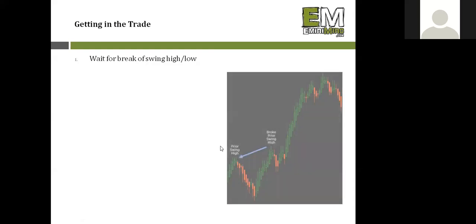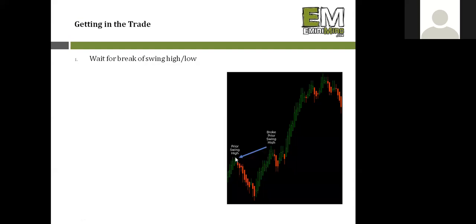We talked about those swing highs and swing lows, going through the chart, looking for higher highs, higher lows, lower highs, lower lows. And so once I get a break of a swing high or low, that's the signal that we may be starting a new trend.